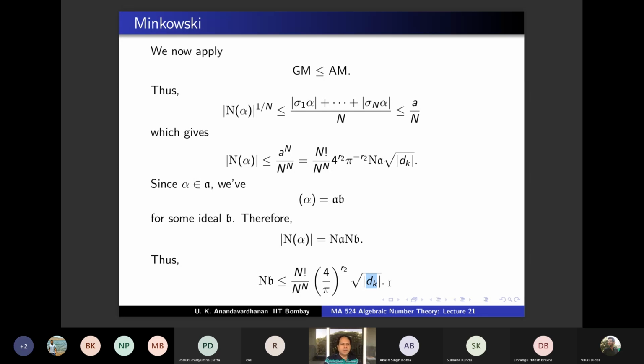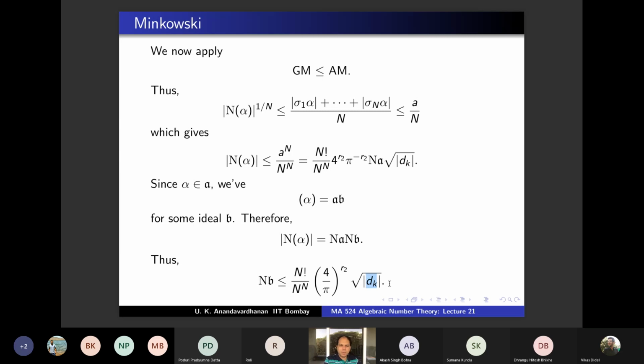So anyway, r cannot be high. These are the normalized norms, and the norm of a prime ideal is 1 by q. It is less than 1. So 1 by q to a high power is becoming smaller and smaller.